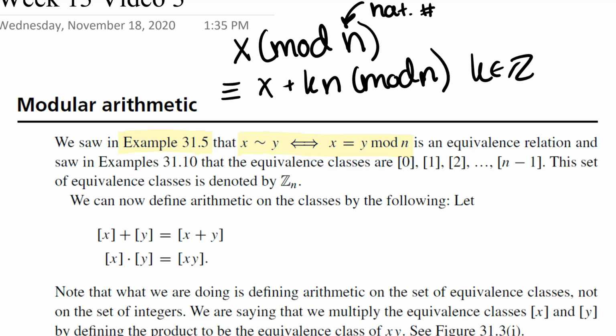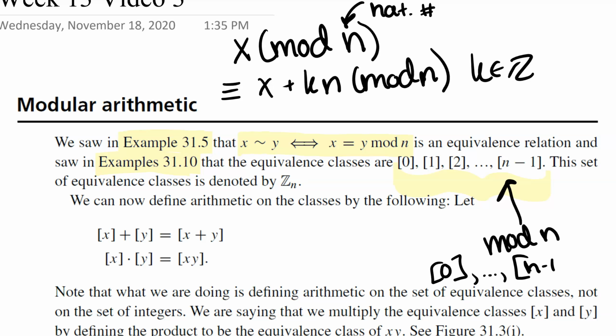So very interesting. And from this other example, they also have the equivalence classes, which are these. Here is a very interesting trick that you will want to know for exams and homeworks: when you're working mod n with equivalencies, often your guess will be 0 through n minus 1, or you can think about 1 through n.